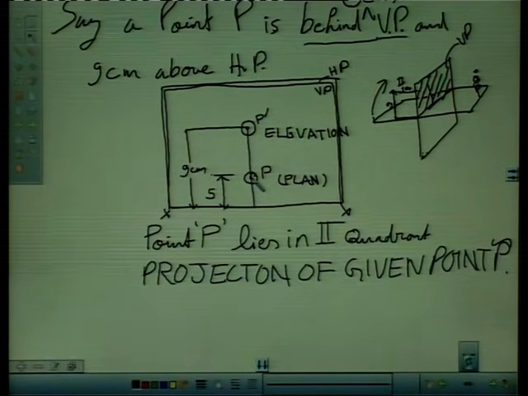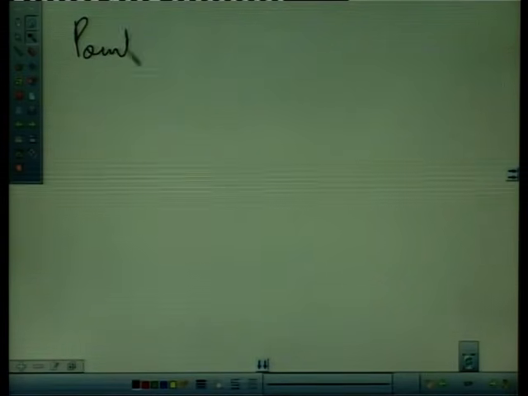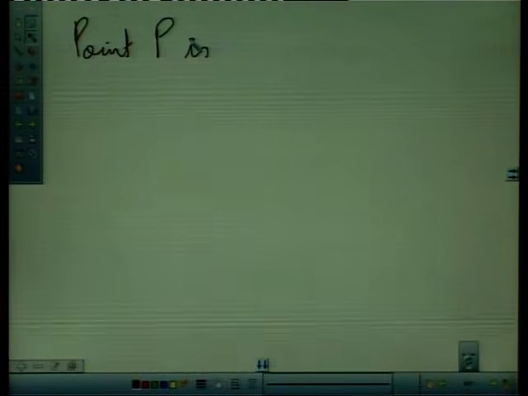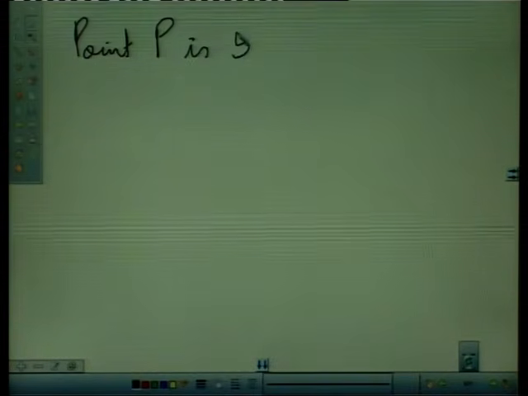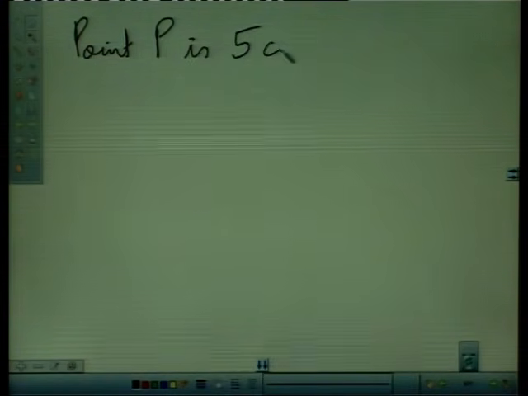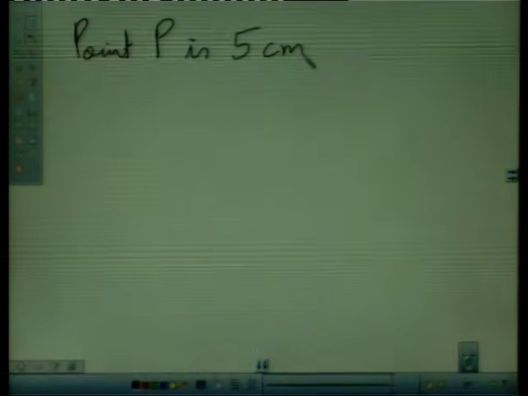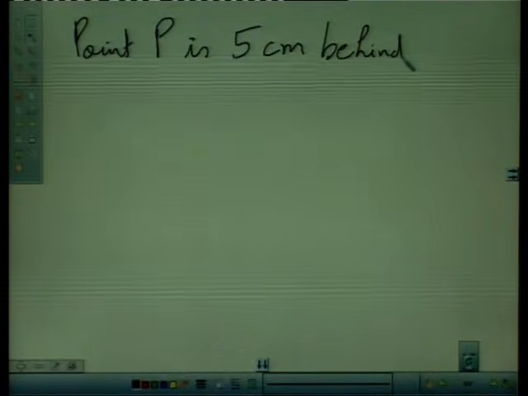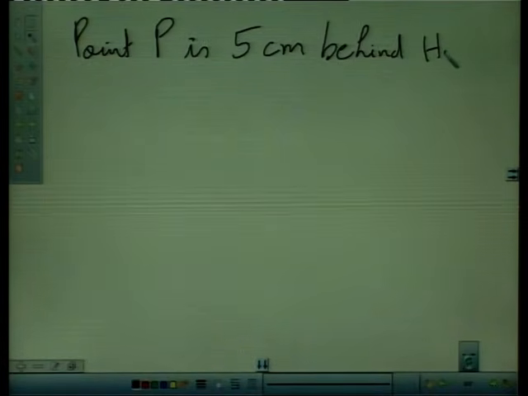Now let's take another example. Say now our point P is 5 centimeter behind horizontal plane.